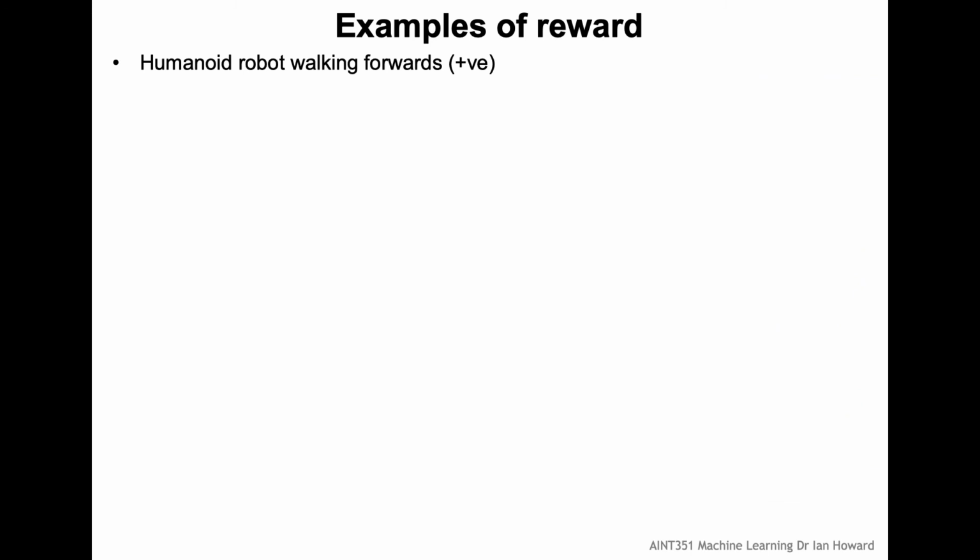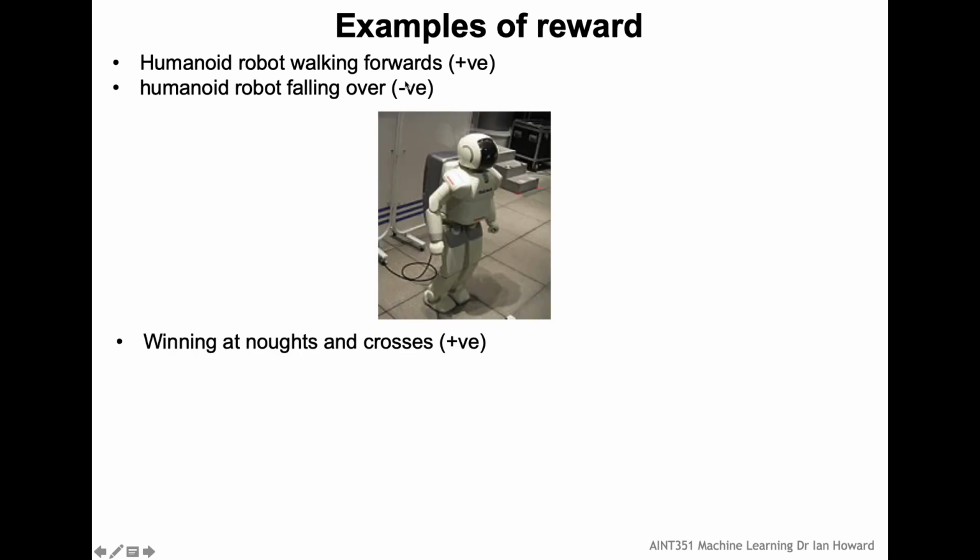Examples of reward. How could we build reward in a robotics system? Imagine we're building a humanoid robot. If you manage to get it to walk, so it's moving forward, that's positive, right? You've taken an action, it's moved forward. If it falls over, you punish it. We don't want it falling over, for sure. If you're playing a game of noughts and crosses and you win, then you've got a positive reward.